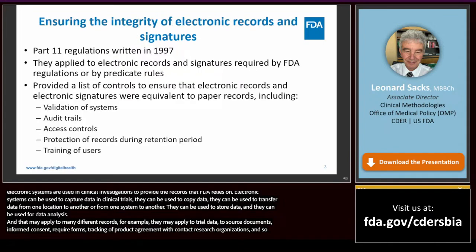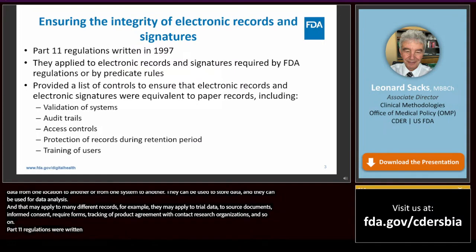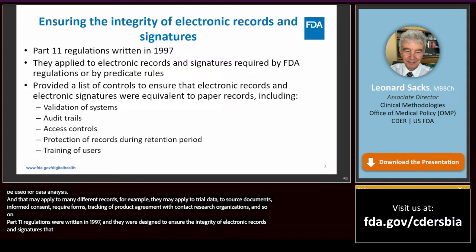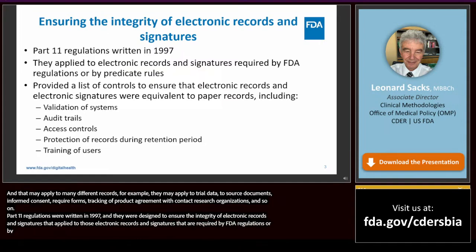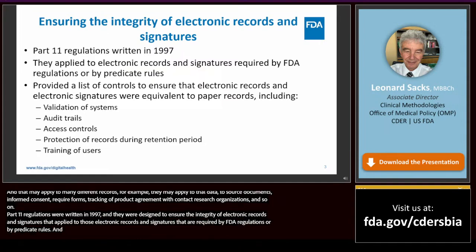Our Part 11 regulations were written in 1997, and they were designed to ensure the integrity of electronic records and signatures. They apply to those electronic records and signatures that are required by FDA regulations or by predicate rules. The Part 11 requirements include a list of controls to ensure that electronic records and signatures are equivalent to paper records.